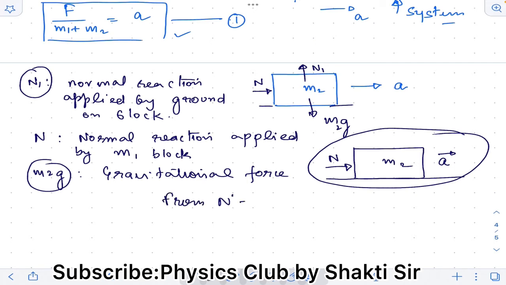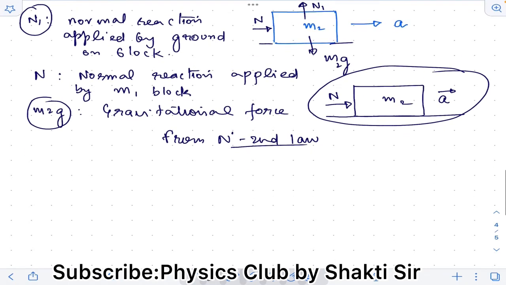From Newton's second law, what it says: net force acting on the system is equal to mass of the system multiplied by acceleration of the system. So here the net force acting on the system is N along the x-axis. Mass of the system multiplied by acceleration of the system.